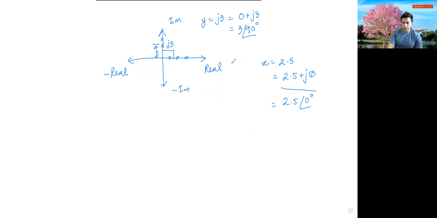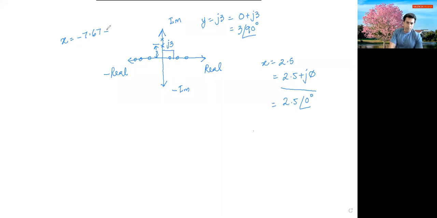3 angle 90 degrees. If your number is on the negative real axis anywhere, let's assume that number is negative 7.67. How are you going to represent it?